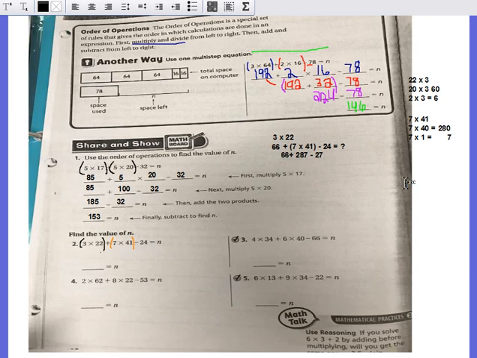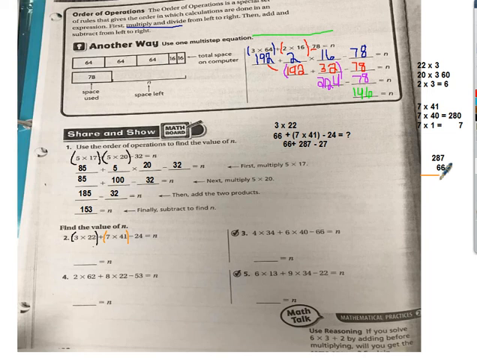Okay, so now I'm going to come over here and show my work. 287 plus 66. Okay, I'll do this so it's a little bit easier. So 7 plus 6, 13. 8 plus 6 plus 1, 15.